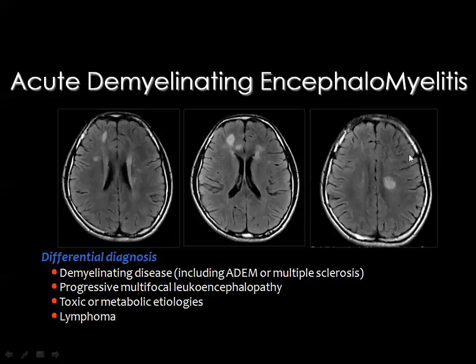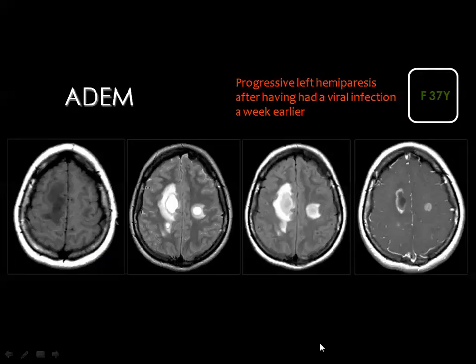And this is also a case of acute demyelinating encephalomyelitis with multiple periventricular foci, which are almost similar to the lesions of multiple sclerosis, but the typical clinical history, the presence of fever, and the monophasic course of the disease are helpful in the differential diagnosis.